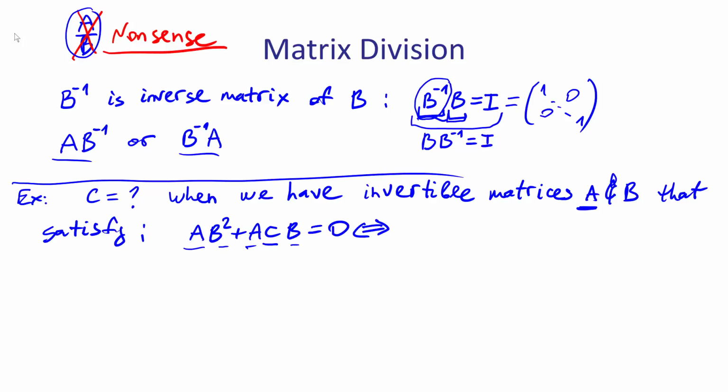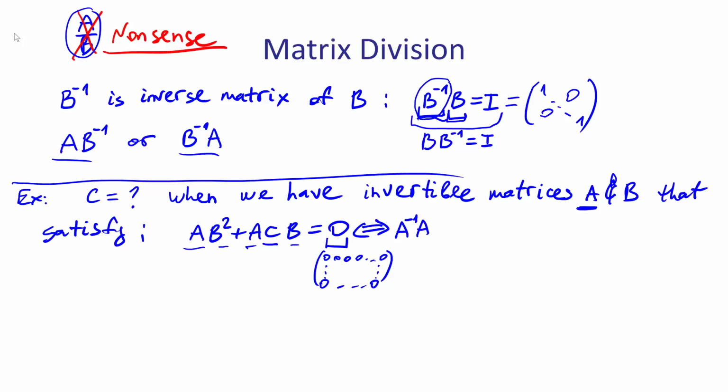So I will multiply both sides by A minus 1. And pay attention that this one is not the number 0. This is essentially a matrix of all zeros, because all of the dimensions should match. Now, I'm multiplying by A inverse from the left side. And then this is what I will get.